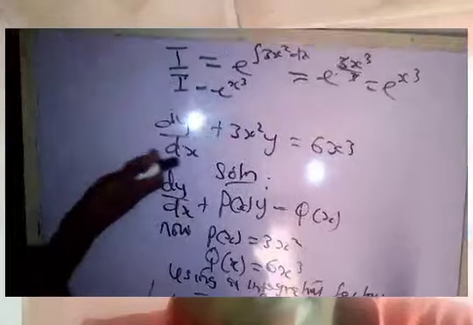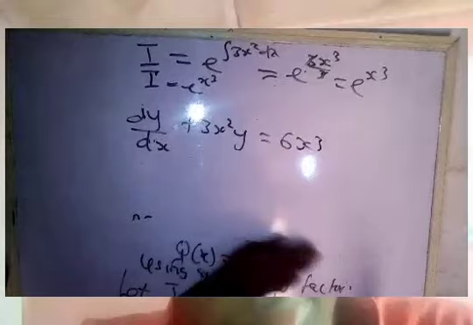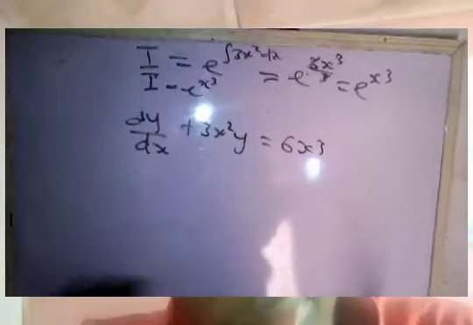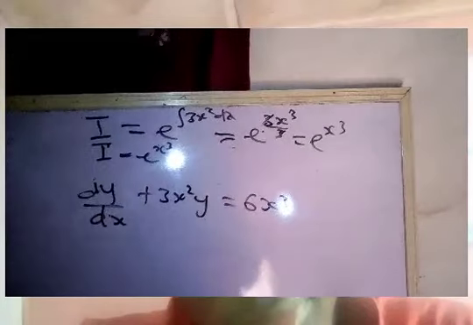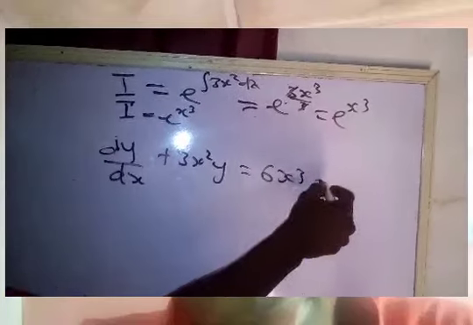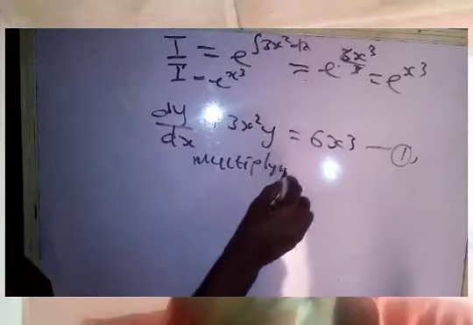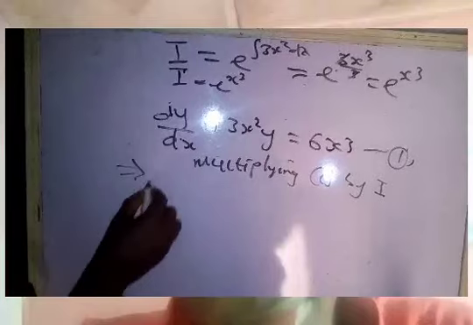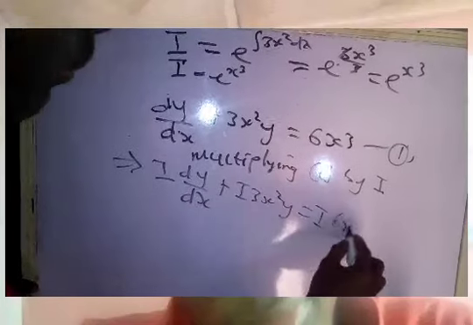Do you know the next thing that we're going to do? We are going to use the integrating factor to multiply through this equation. Those are the steps we're going to be following. Let me call this equation 1. Multiplying equation 1 by I, this implies that we get I dy over dx plus I times 3x squared y equals I times 6x cubed.